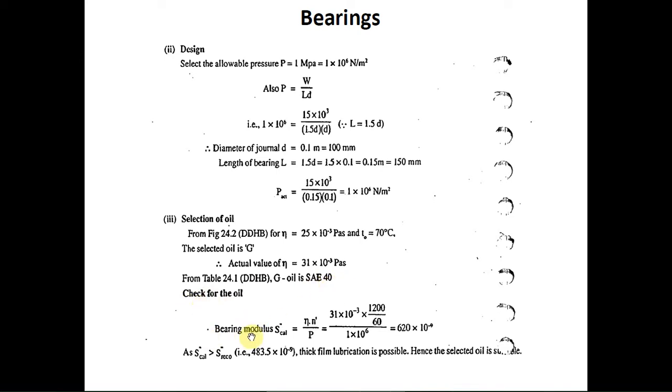So check for oil. The bearing modulus you calculate with the formula eta N by P. Find out this value of bearing modulus. Now see here, the calculated bearing modulus and the recommended bearing modulus. The recommended bearing modulus is 483.5 into 10 to the minus 9. So thick film lubrication is possible, hence the selected oil is correct.